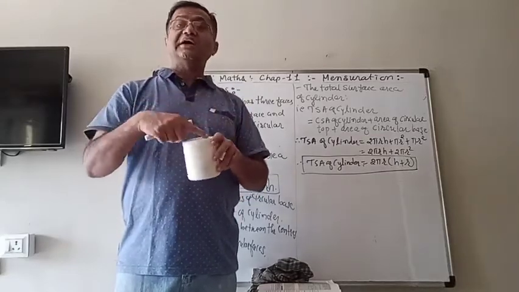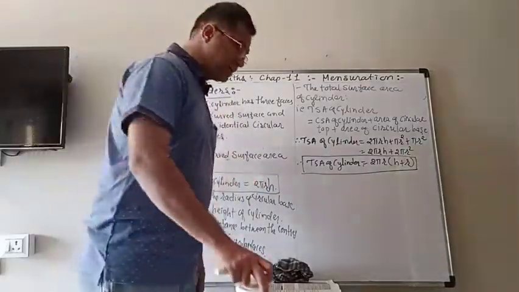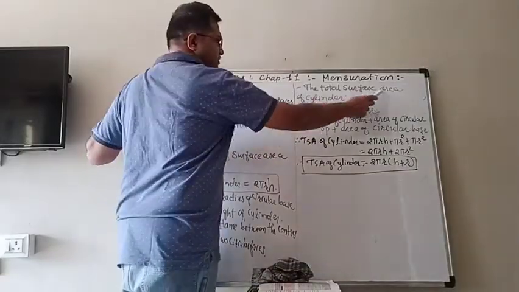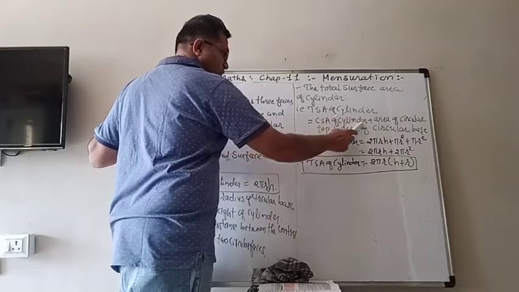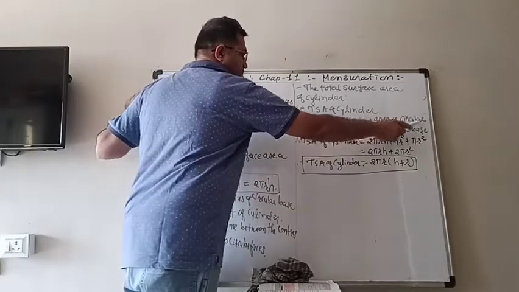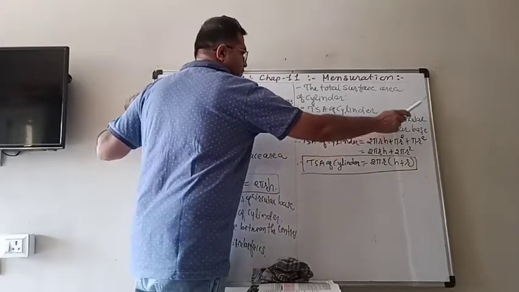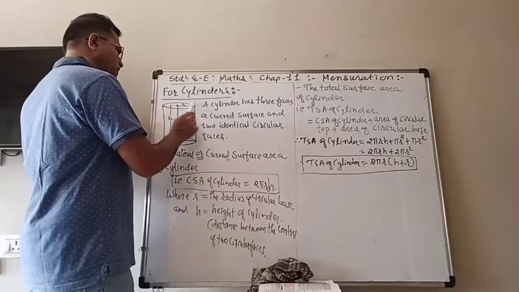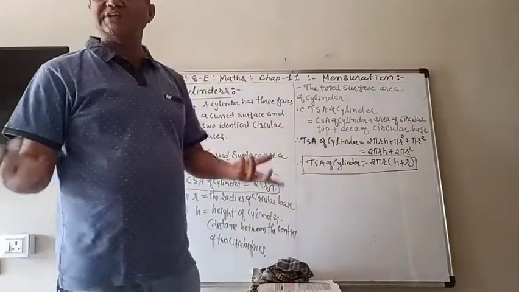So both areas will be pi r square. What will be the total surface area? TSA of cylinder is CSA of cylinder plus area of circular top plus area of circular base, means the curved surface area plus the area of the top one and the area of the bottom one, which are the same.